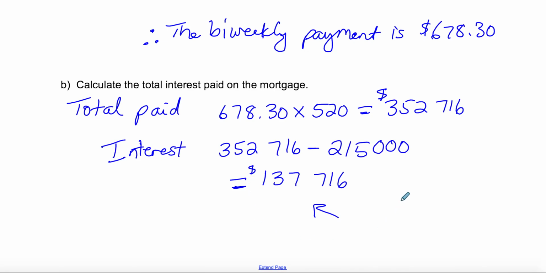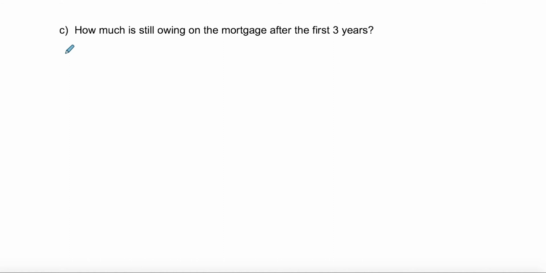in order to get the loan to buy the house. And then last part, how much is still owing on the mortgage after the first 3 years? So we need to find the present value of the remaining payments for 3 years. So 3 years, that means he would have paid for 3 years, 26 times a year. He would have already made 78 payments.